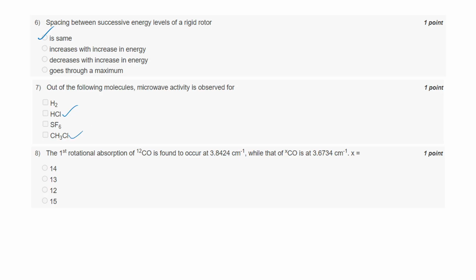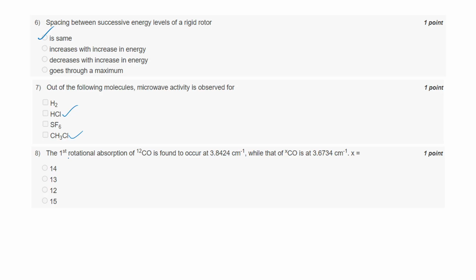SF6 has octahedral geometry, so eventually its dipole moments cancel each other for each SF bond. So it is non-polar. Now, the first rotational absorption of 12CO occurs at this value.